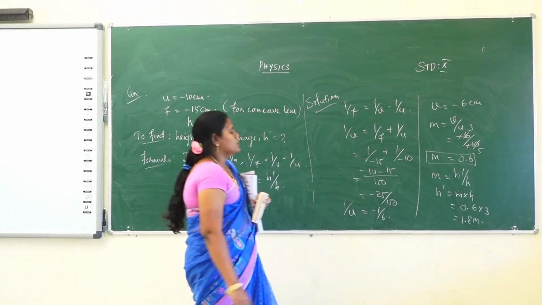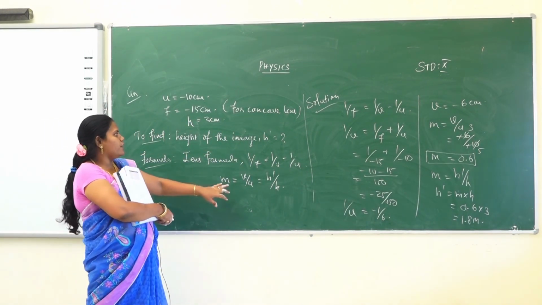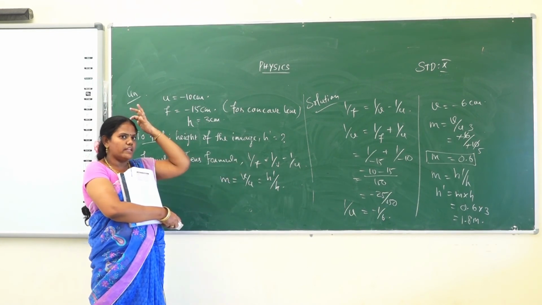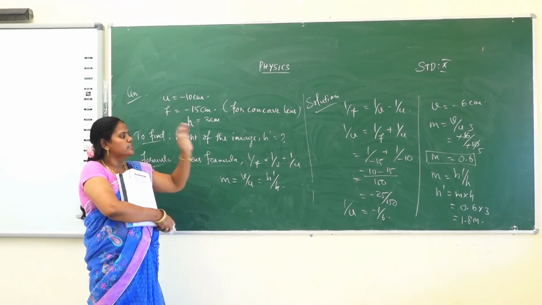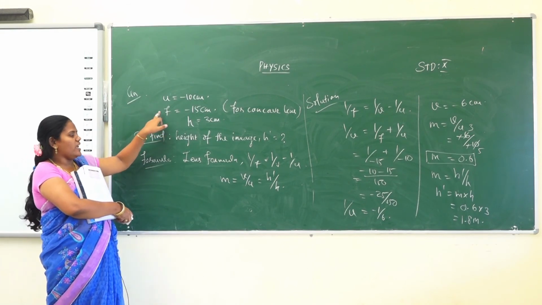Okay. So to solve this problem, we first find the V value, next the m value, and then the h dash value. The question gives the values of u, f and h.